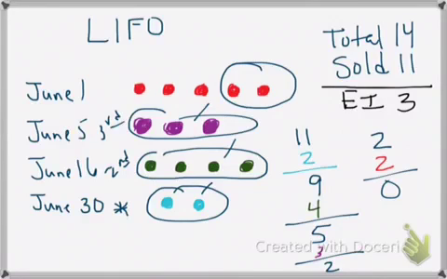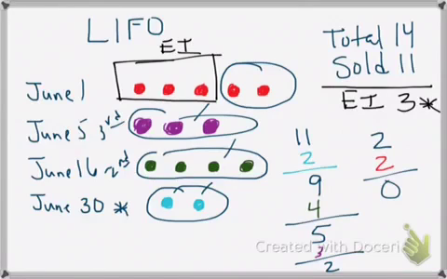Now what that means is that for ending inventory, remember we said we had 3 in ending inventory. The ones that are still left over, the ones that are in ending inventory, are those last 3 units that we have left. And remember, those are the very first units that we purchased.